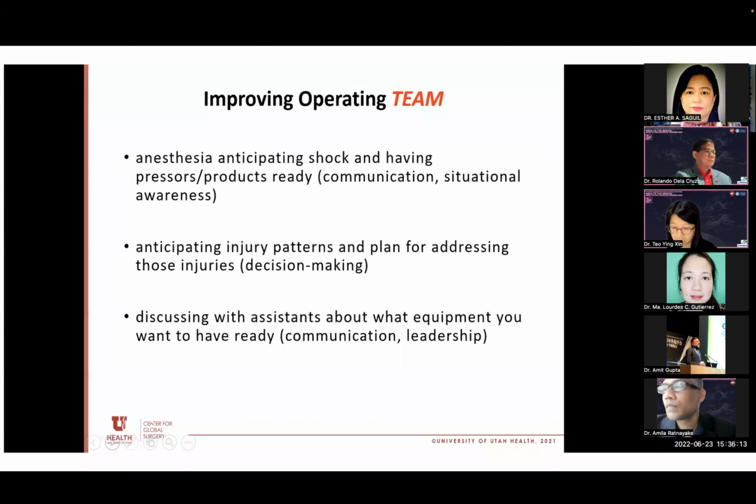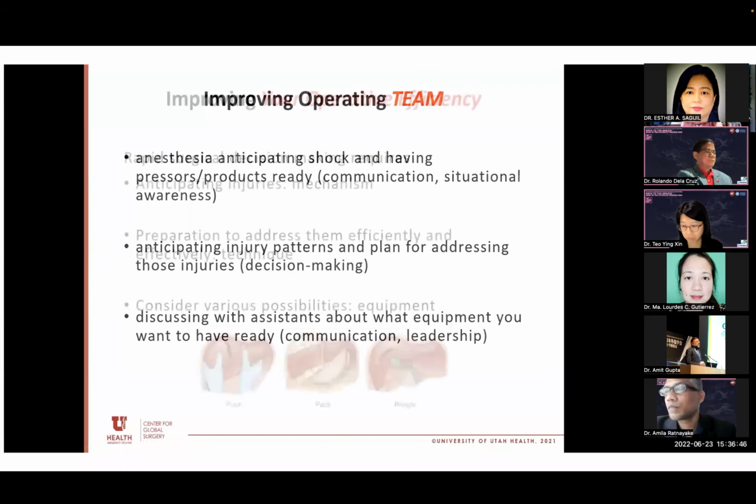And your ability to communicate and lead the team in thinking about what the next steps are, what injuries you are identifying, what you are expecting and anticipating, and what equipment you might need to address those injuries, that shows communication and leadership. So as you can see, each of these steps demonstrates the value of those human factors or non-technical skills that you need to have to make sure that your operating team is efficient.